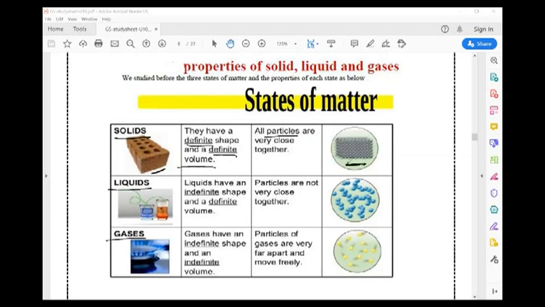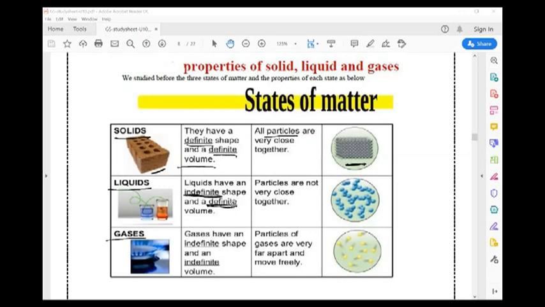Liquid material has an indefinite shape and definite volume. What's the meaning of indefinite shape? Indefinite shape means its shape changes by putting the liquid from one container to another container, but its volume doesn't change.